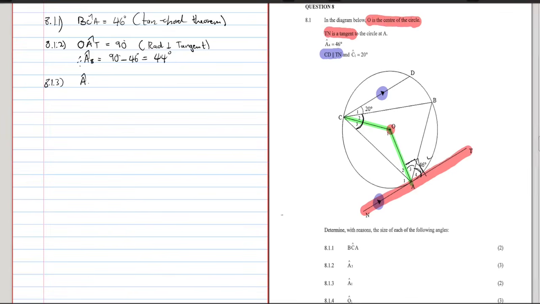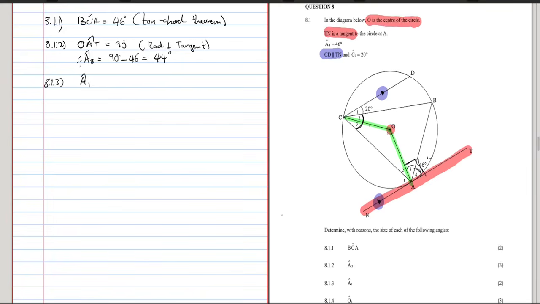8.1.3. This time around we are looking for A1. Not so obvious, but let me perhaps highlight this. Okay, A1.